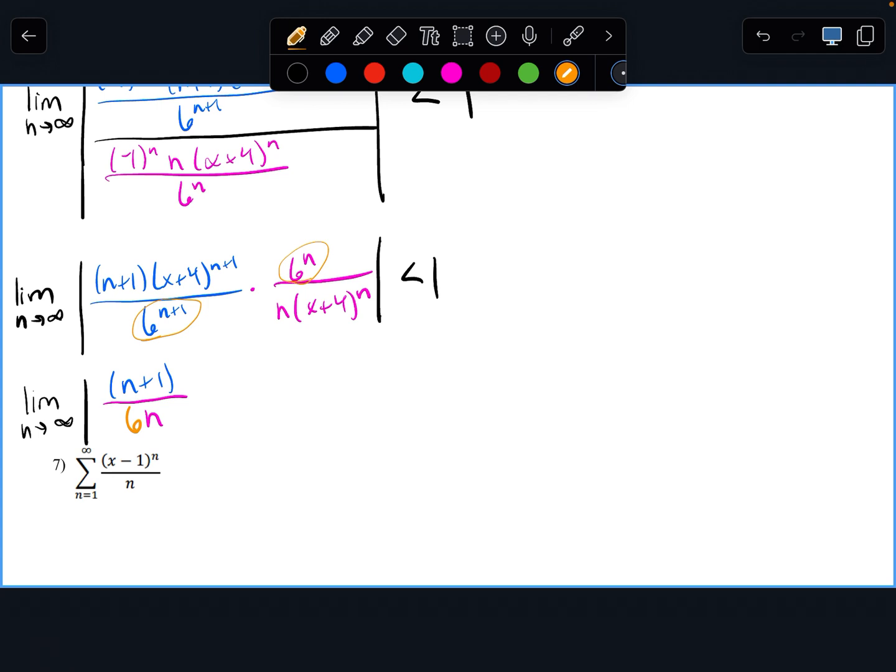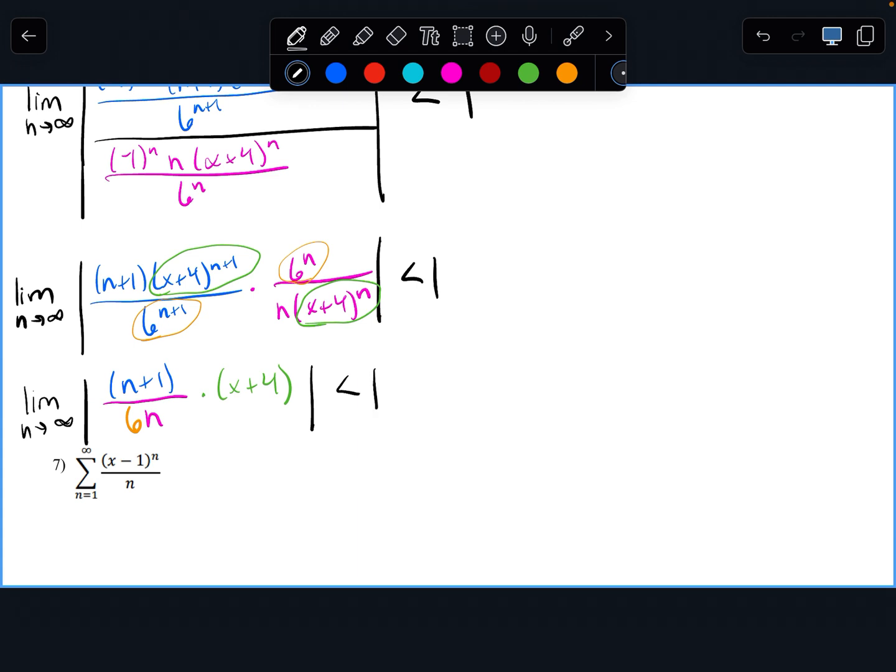I did all the stuff with n's, keeping the x's separate. With the x's, this is the same thing as the 6's, because you've got n and then n plus 1, so an extra 6 down here. This is the same thing, but you have an extra x plus 4 on the numerator, because you have plus 1 on there. So I'm going to put that over here.